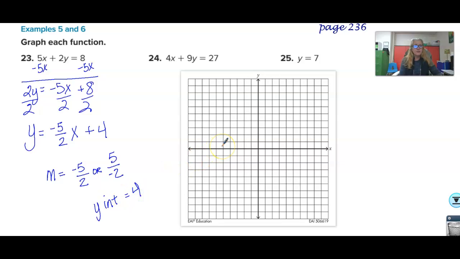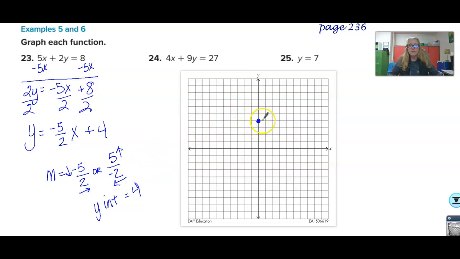So this is graphing just like we did before. We're going to put our starting point at y is 4, and then we're going to use our slope to find another point. Okay, -5 means down 5, +5 means up 5. +2 means right 2, -2 means left 2.